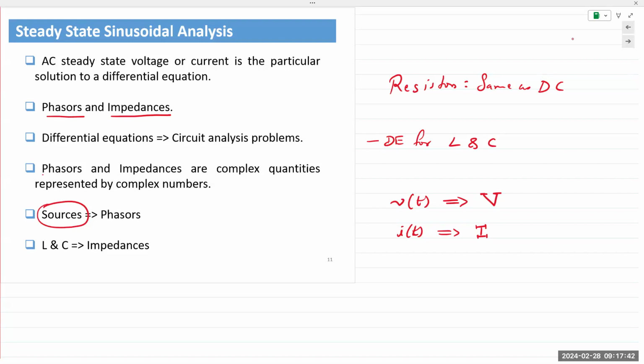So what we do is we transform the time varying signal, the time varying expression, into a complex number. And that is one of the reasons why we keep the phase of the signal separate in the mathematical expression. And then inductors and capacitors are represented by complex quantities known as impedances.